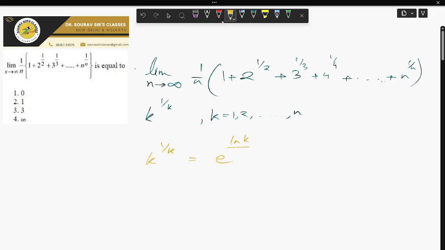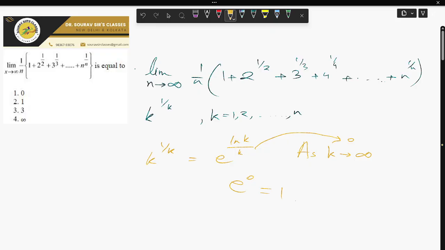As k tends to infinity, ln k upon k will go to 0. So e to the power 0 is 1, and thus k to the power 1 by k converges to 1 as k tends to infinity. Now we are going to evaluate the limit of the average.